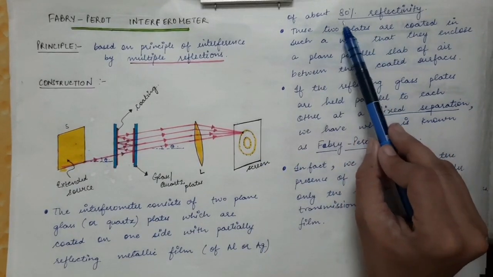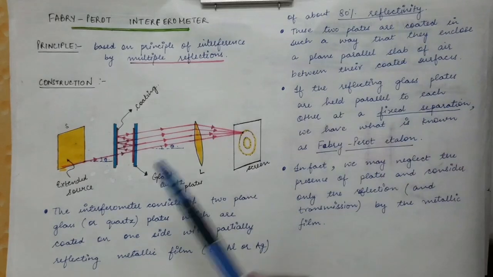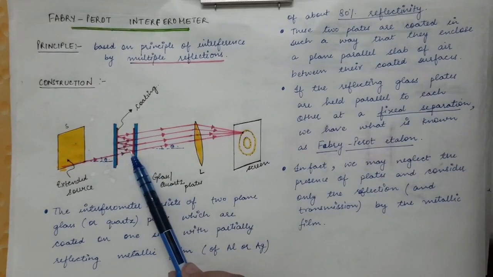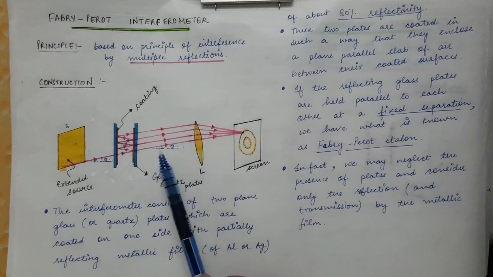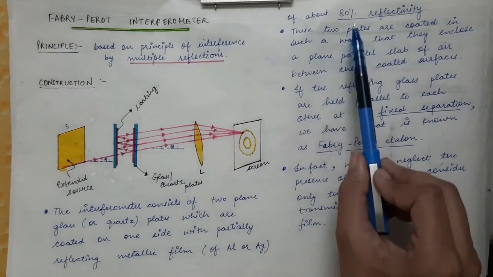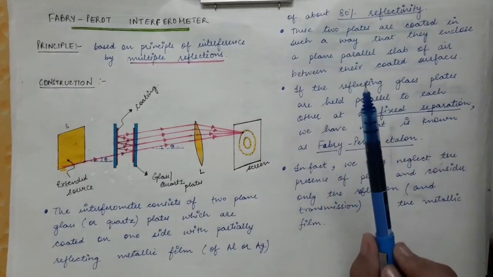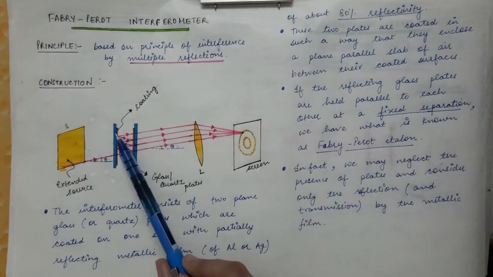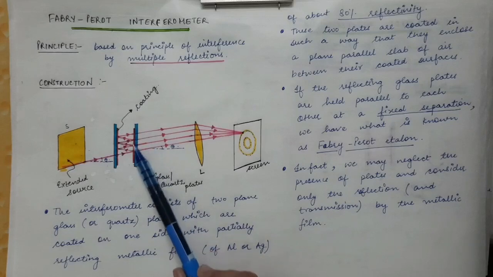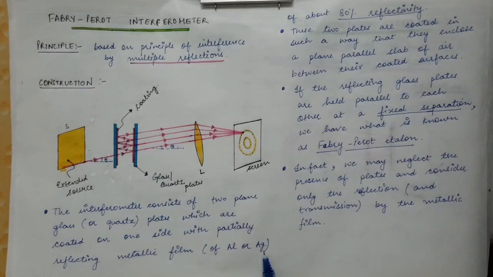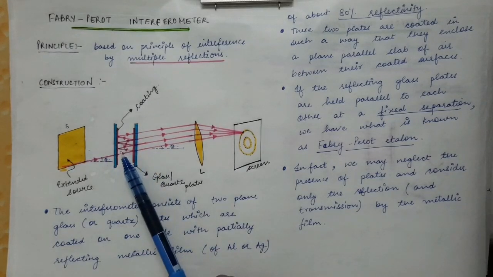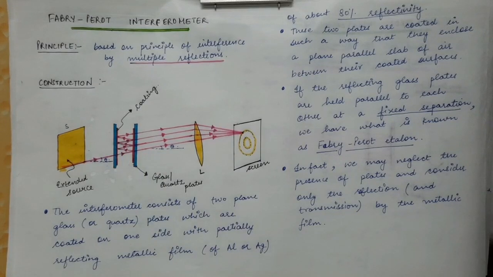Reflectivity of 80% means any ray falling on this metallic film, 80% will be reflected and the rest 20% will be transmitted. So these thin metallic films of aluminium and silver cause partial reflection and transmission.